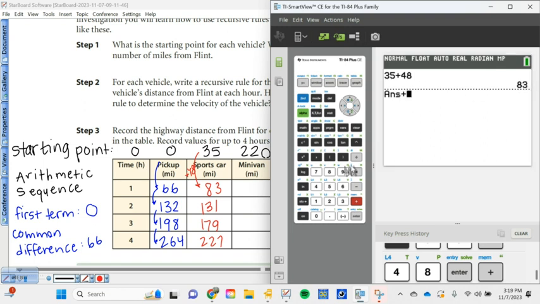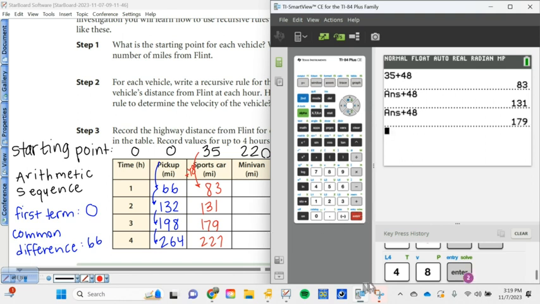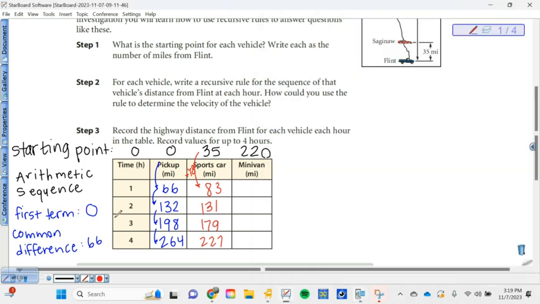And so all I have to just hit is plus 48. And then I hit enter and I get that 131. But then from here, now that I've done it twice, the calculator recognizes the pattern. And so all I have to do is just hit enter and the next answer will come and then the next answer will come, right? So if I just keep hitting enter, it's going to just keep adding on automatically.